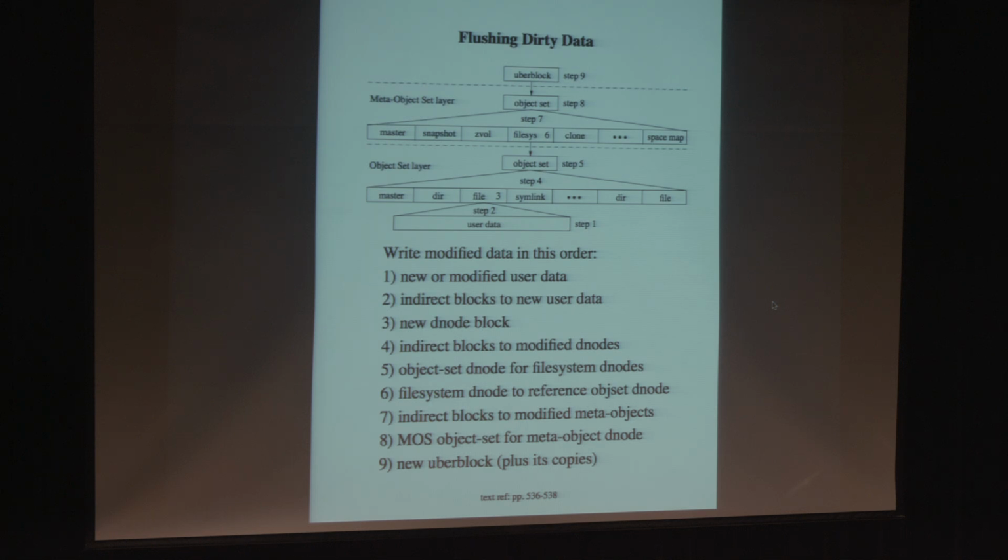So we need to make a new copy of that as step 5. And that, of course, means the thing that points to that object set in the MOS layer there has to change. And so once that has to change, then all the indirect blocks that describe it all have to be written, which, of course, then means the thing that points to the top of that, the object set there in step 8, has to change. And finally, the uberblock has to change.